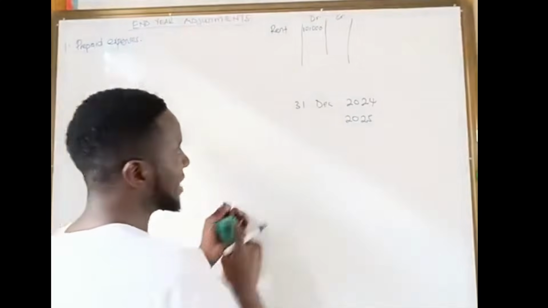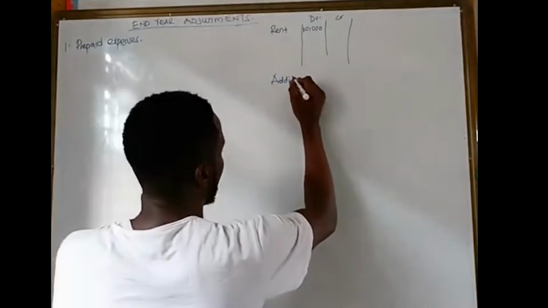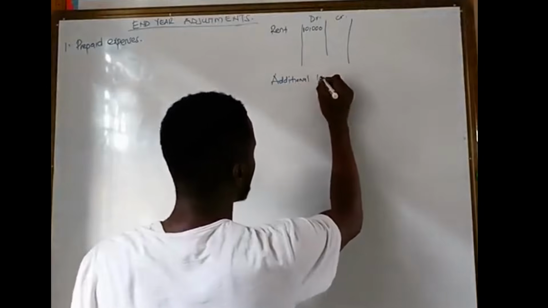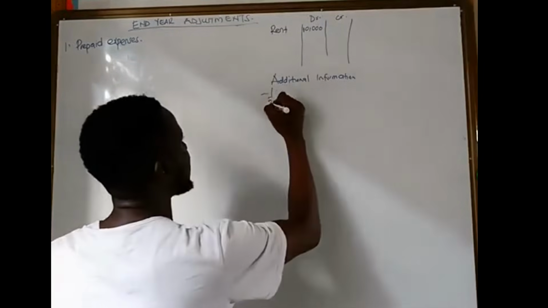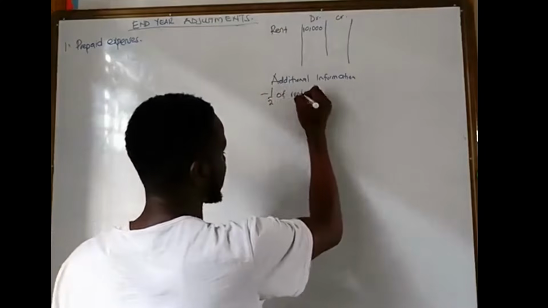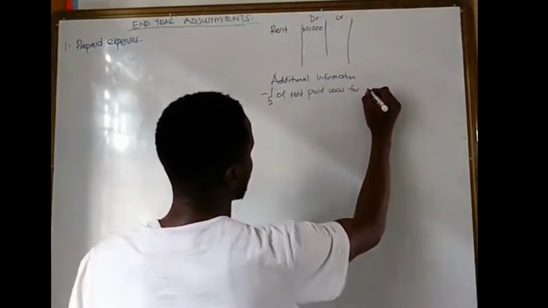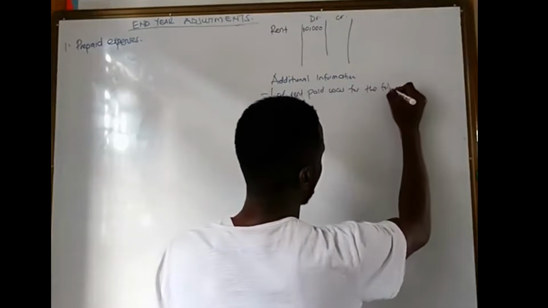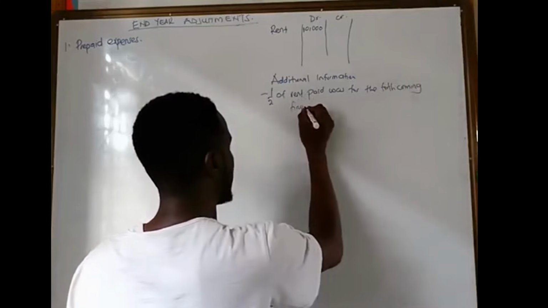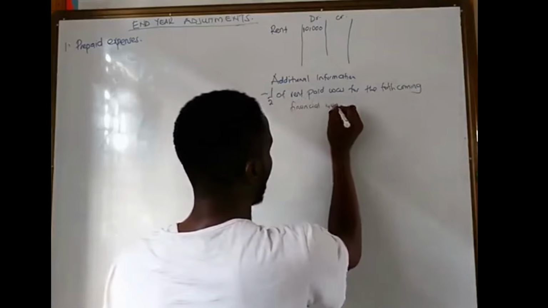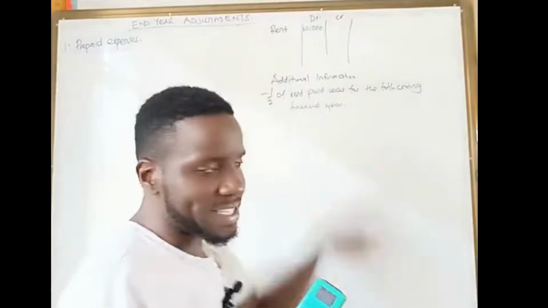So you find out that they give you additional information, and they tell you that a half of the rent paid was for the forthcoming financial year. So we are supposed to correct this.